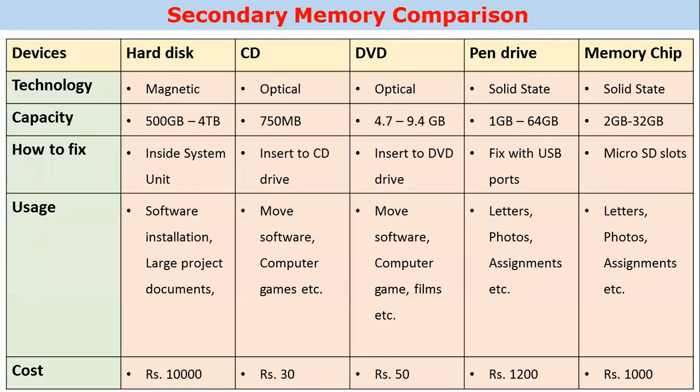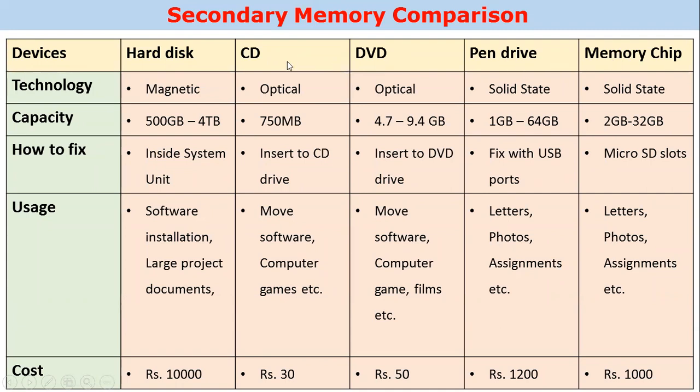This data is for long-time use. Therefore, we need memory that is capable of storing for a long time. Secondary memory has this capability. Here, look at the table: the memory comparison. Secondary memories. At the top, you have different types of secondary memories under devices: hard disk, CD, DVD, pen drive, memory chip.